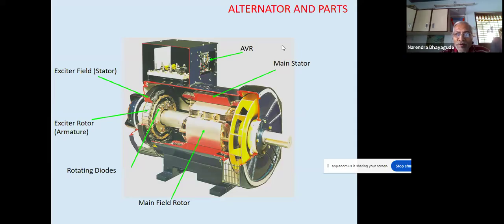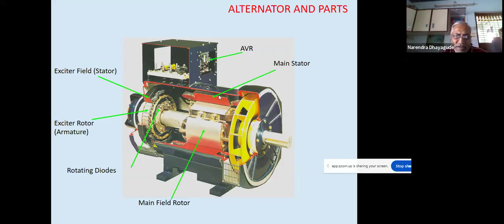Now we come to the alternator part. Alternator is basically electrical equipment. It is a rotating magnetic field type instrument. The engine shaft drives it, the field is rotated, and when the field is rotated with respect to some conductor, EMF or voltage is generated in the winding, and this voltage is taken at the terminals.